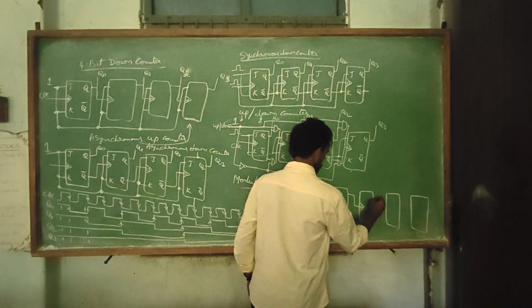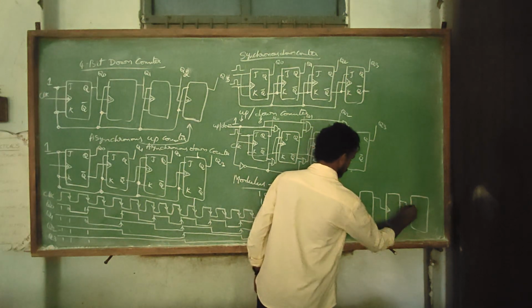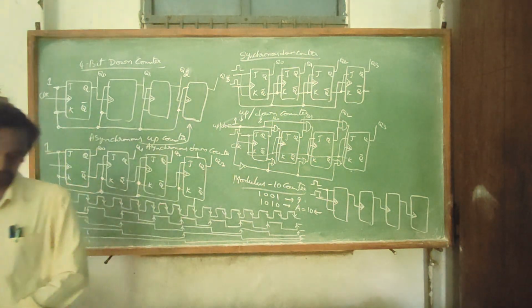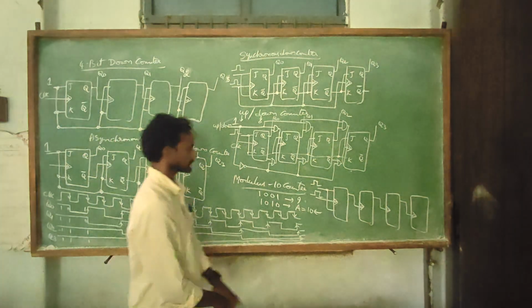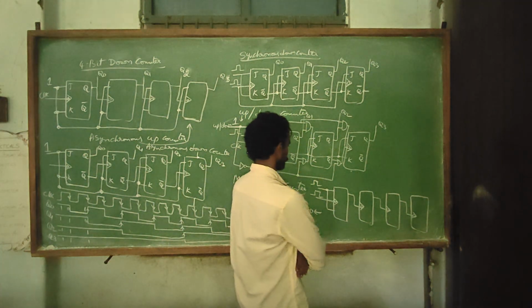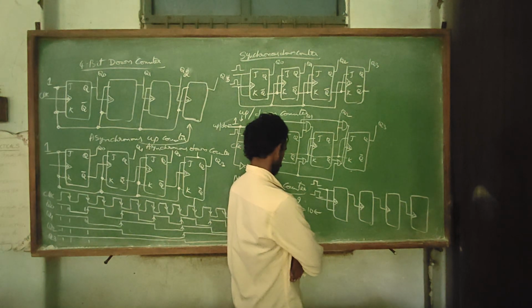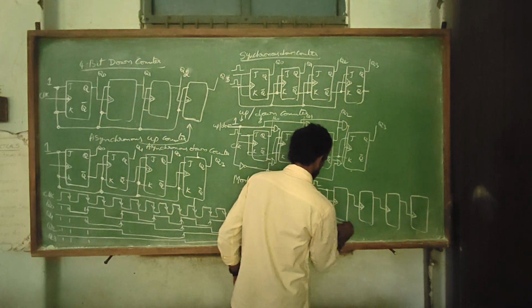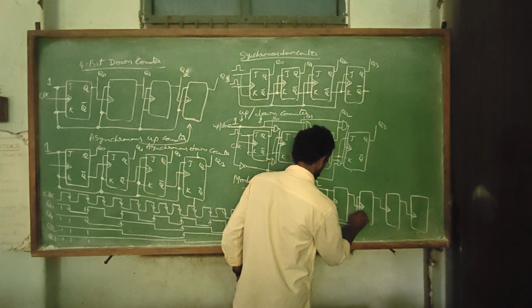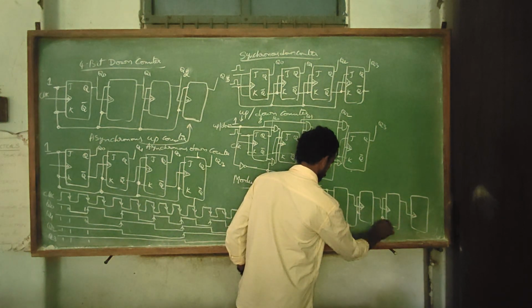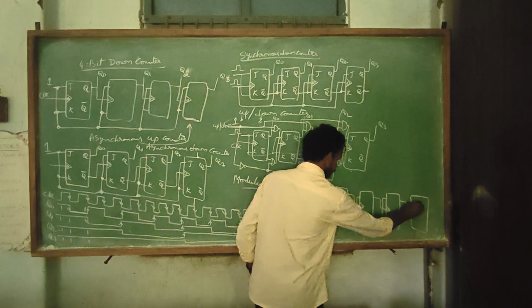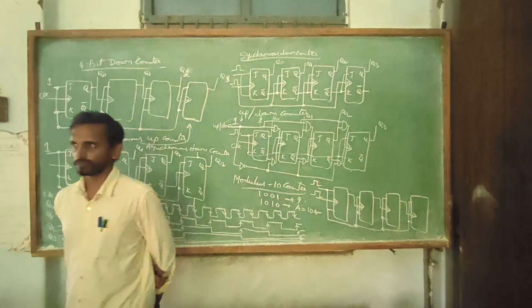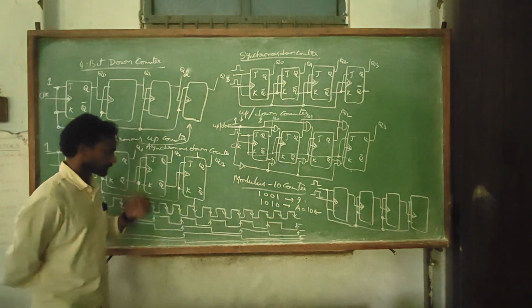So each output is given as input to the next level. And all JK inputs are maintained at 1.